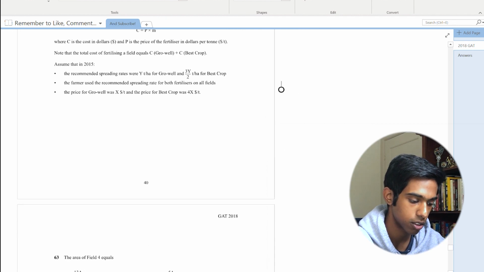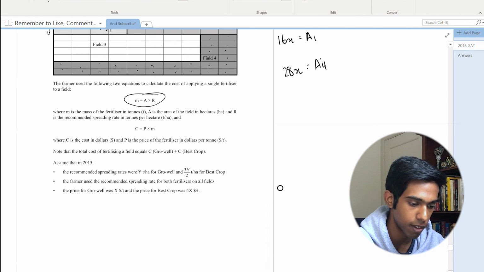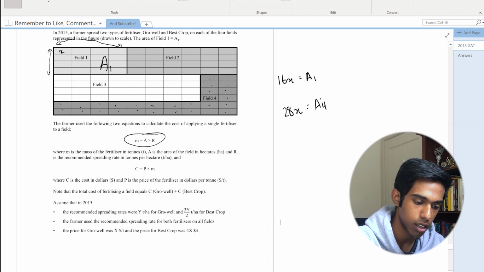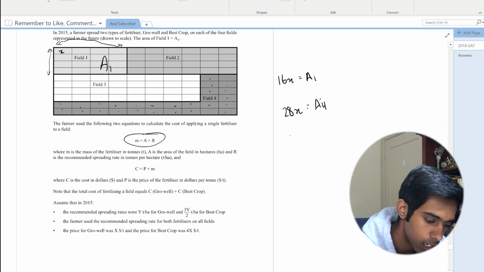So then to get this in terms of A1, essentially what you do is you divide. You know A4 equals A1 divided by 16 multiplied by 28, because you have this 28 and this 16.